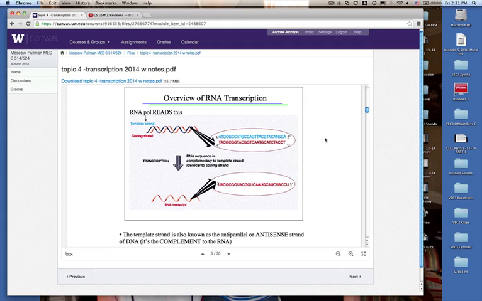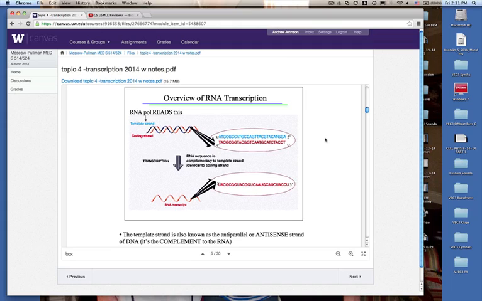Some genes are encoded on one strand, and some genes can be encoded on the opposite strand. They can be going in different directions. It completely depends upon the protein of interest. However, there's always one strand that's going to serve as a template and one strand that is the opposite of that, the complement of that, right?